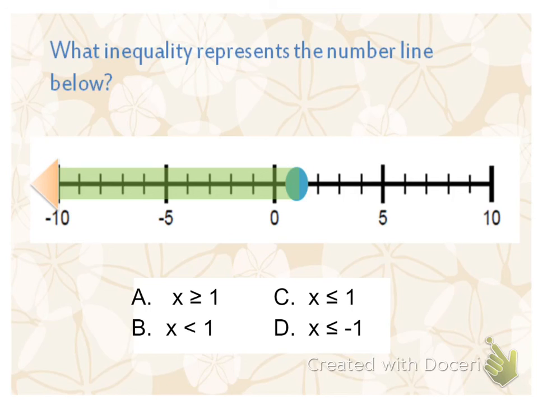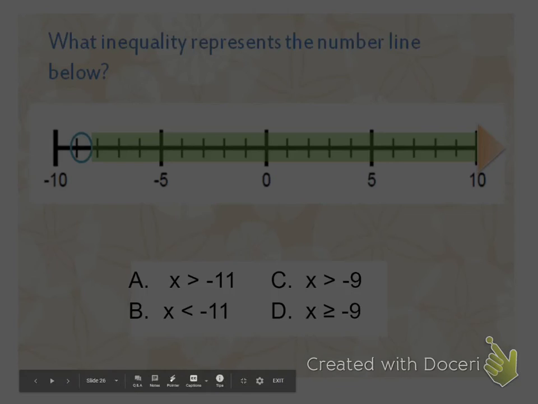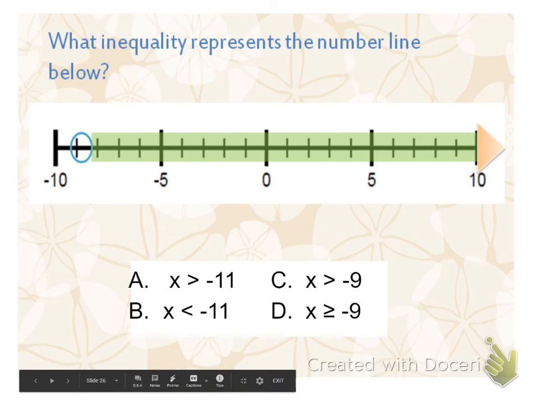D. So x is less than or equal to -1. Except for, is the circle on -1? Look at it again. Which one should it be? C. Very good. Because the circle is on +1, right?